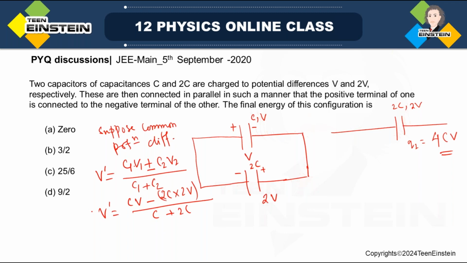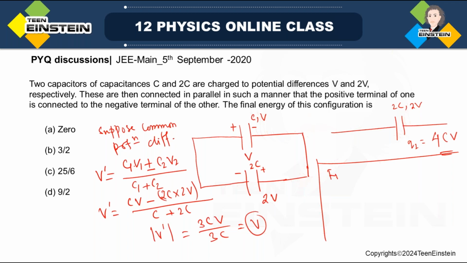I have to take the mod of this, then I get 3CV, and in the denominator it is 3C. So ultimately we get V. So the common potential we have got is V. So what will be the final energy configuration?